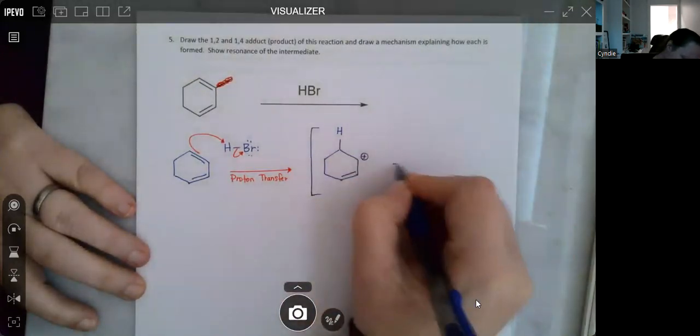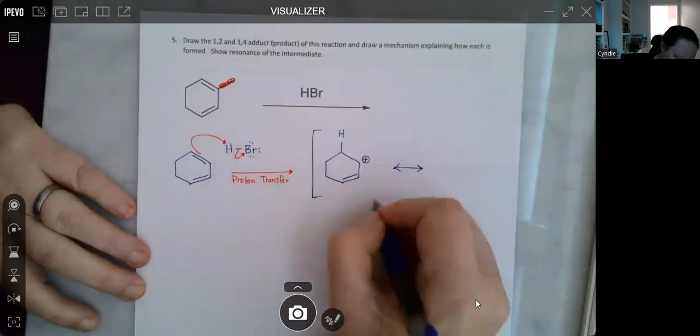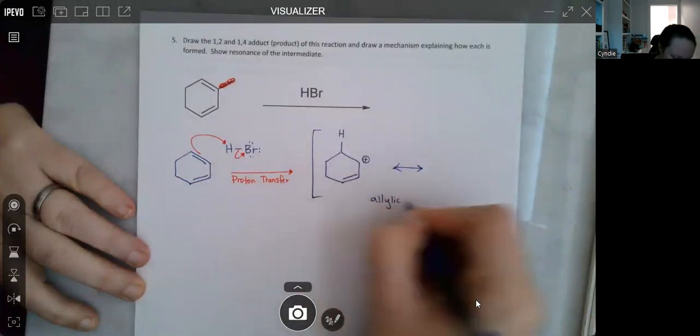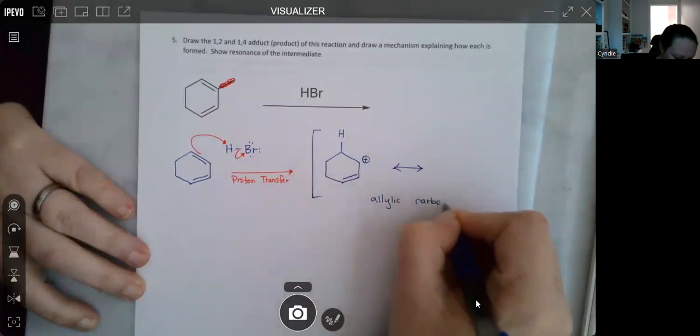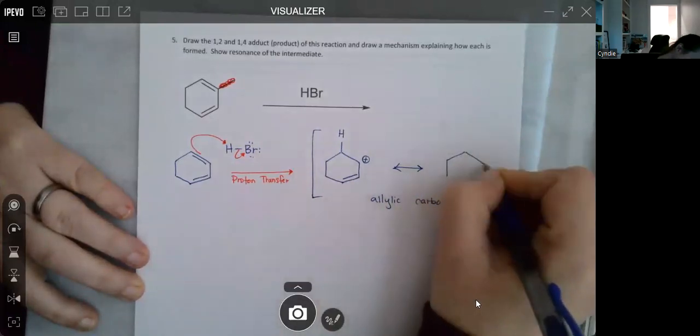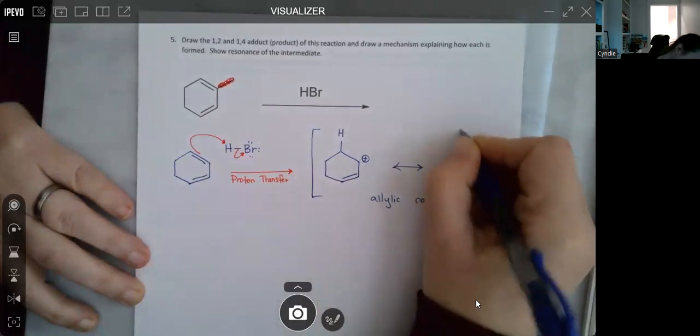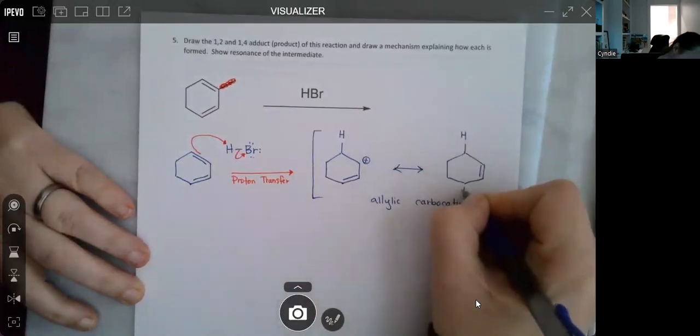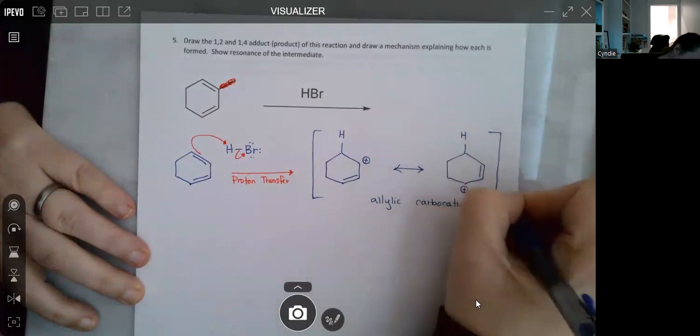All right, so this is an allylic carbocation. And there are two resonance structures, so we want to show both of those.